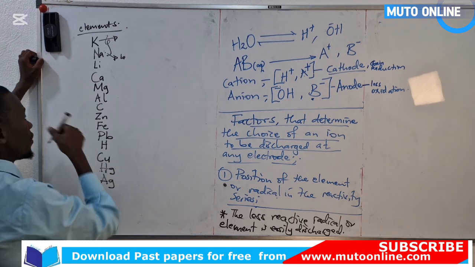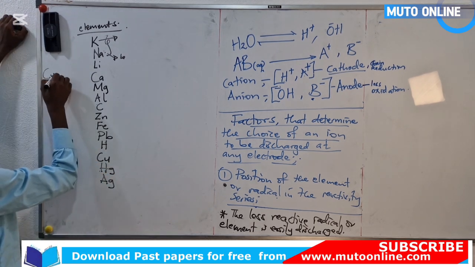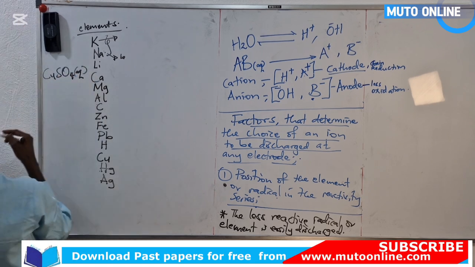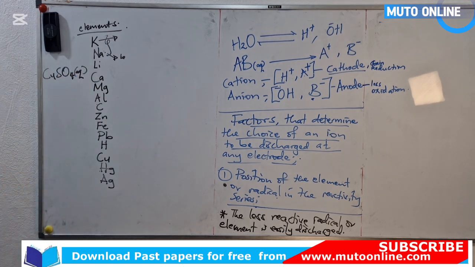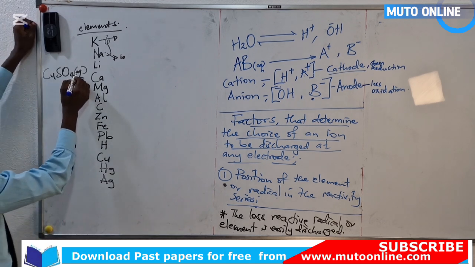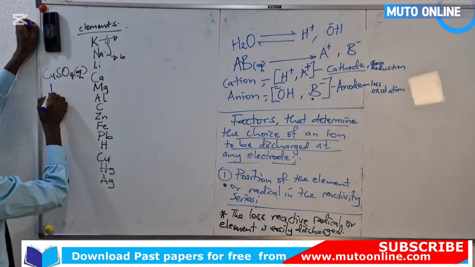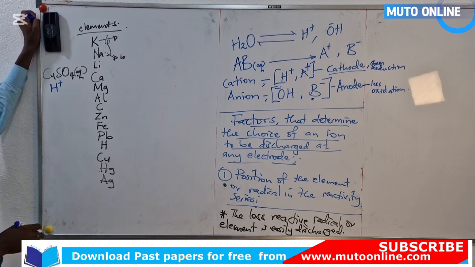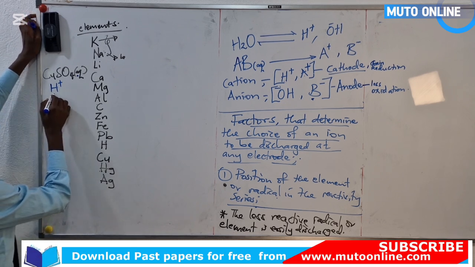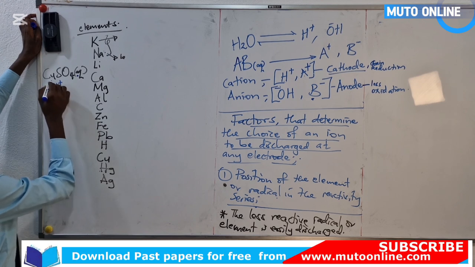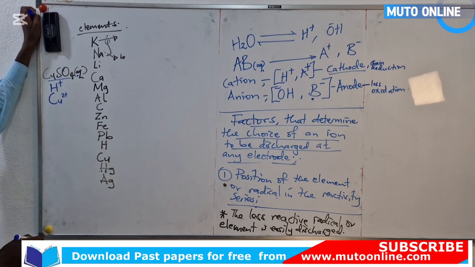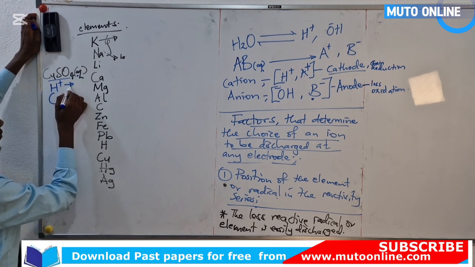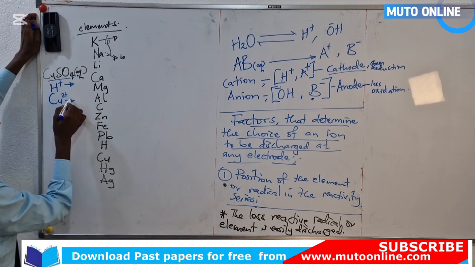If, for example, the electrolyte was copper 2 sulfate solution, it means, being a solution, the cations in it are hydrogen from water and then the copper from this ionic salt, the copper 2 sulfate. It means we have two of them: copper and hydrogen.